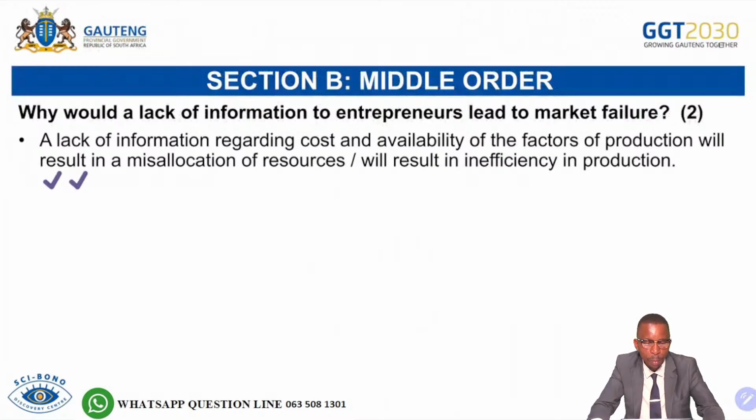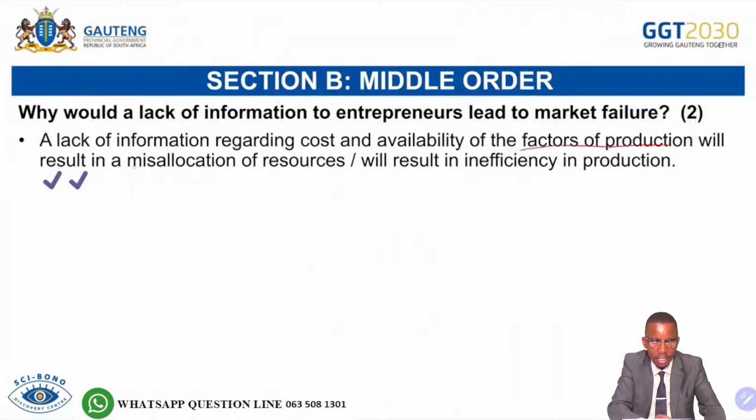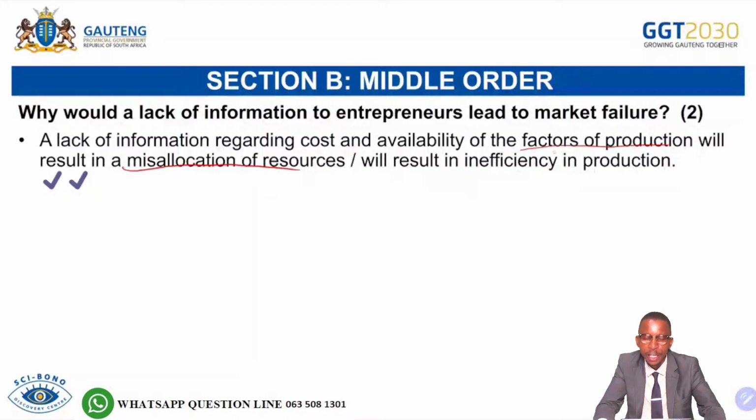A lack of information regarding cost and availability of factors of production will result in misallocation of resources and inefficiency in production. It can lead to productive inefficiency in the market, because firms will be misallocating resources, which is allocative inefficiency, and then that can lead to productive inefficiency also.